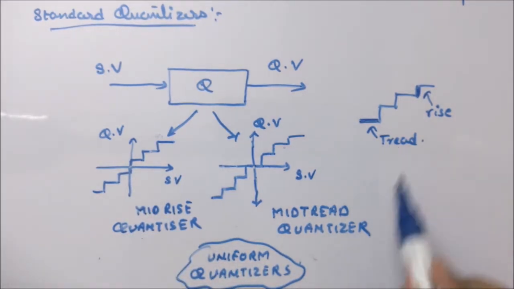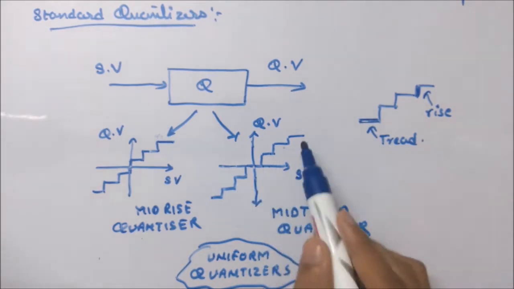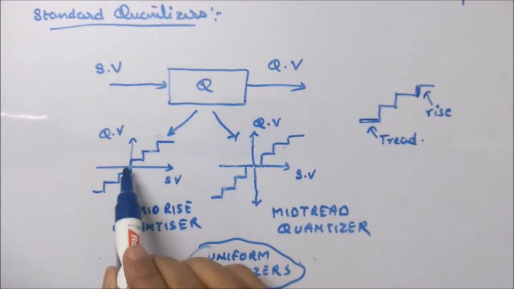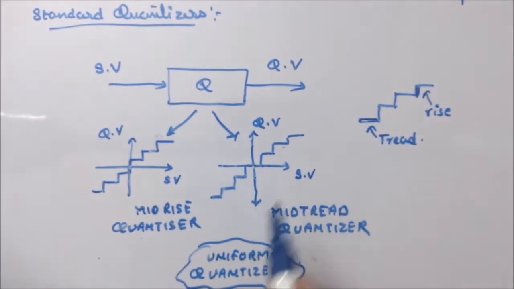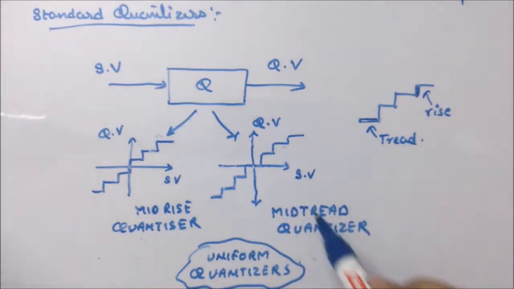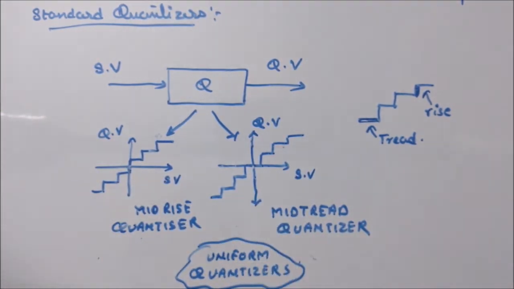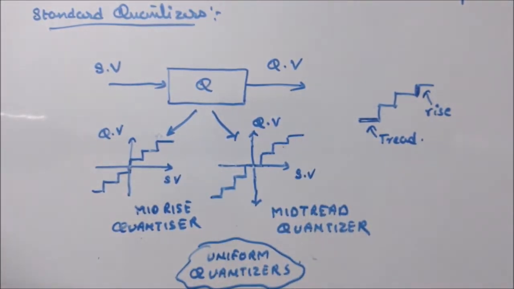So mid-tread means this part of the curve, and rise means this part of the curve. In rise you have the mid here, and in tread you have the mid here. So that is why it is mid-rise and mid-tread. These are the standard uniform quantizers used in practice, and I'm going to show you how to use them via an example.